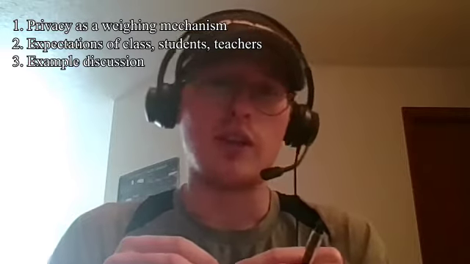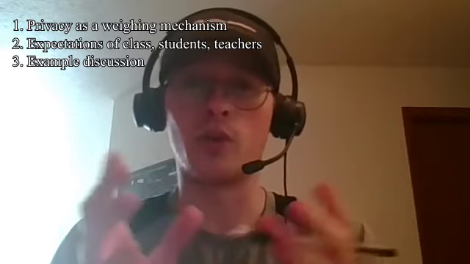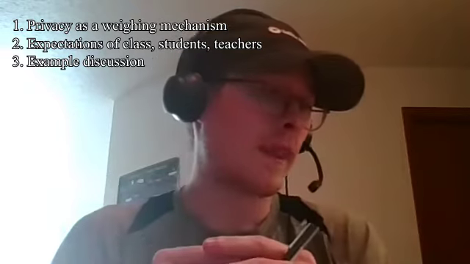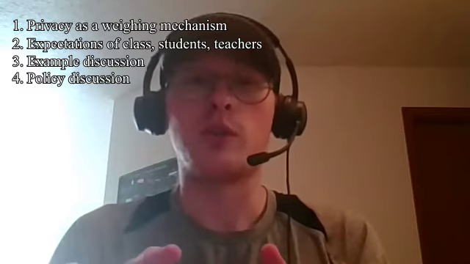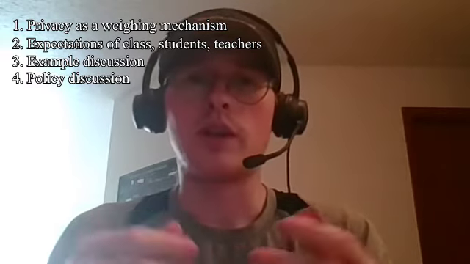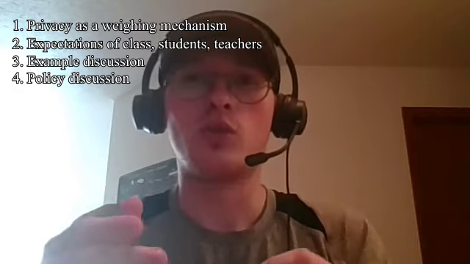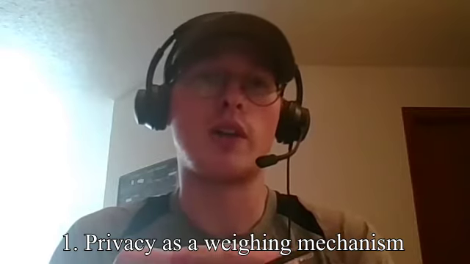Then I'm going to move into the example that was provided, dissect that a little bit and see whether or not that goes for the neg or for the AF. And then finally, I'm going to take a look at what your implemented policy would look like, what my implemented policy would look like, and then which one lends itself to giving students K through 12 and beyond a better learning environment.